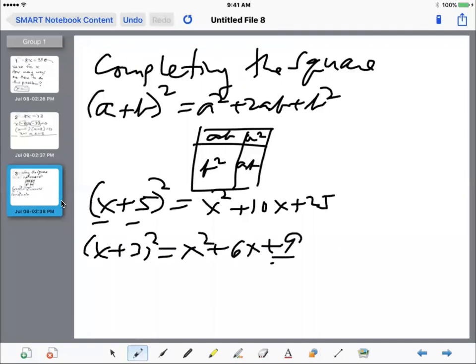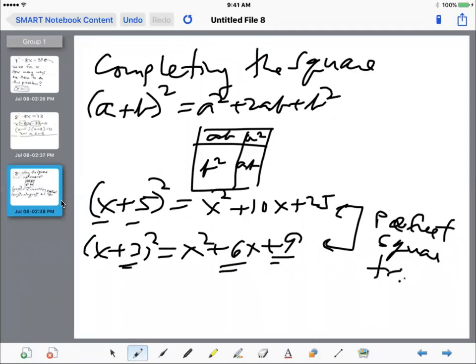The 9 is just the 3 squared, but the 6 is double 3. Things like this are known as perfect square trinomials, which means that you can factor them into something times itself.